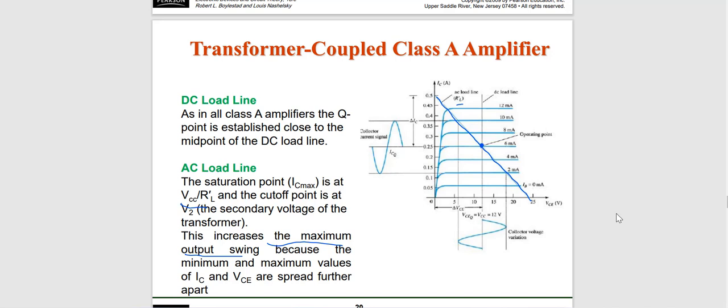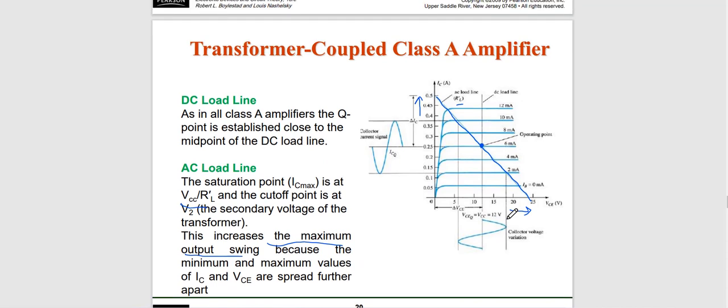So it's like we increase over there, and then we increase there, like this one. If we increase VCE to the right side and IC to the upper side, the output swing will be increased. If the output swing is increased, the output voltage will increase too, and not only the output voltage but also the collector current signal.